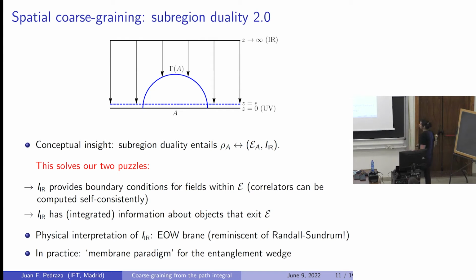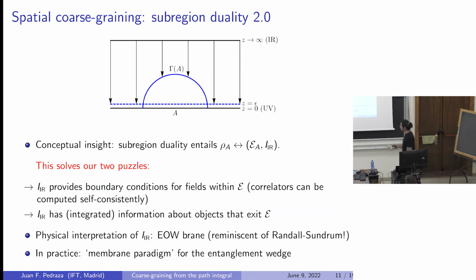And second, in principle, this infrared action has some information about the global state. That information is integrated, so it's not the full information, but it is some. And this information has potentially the information about these objects that I told you can exit the entanglement wedge. And okay, that is not nice. I will show in some examples how this happens.